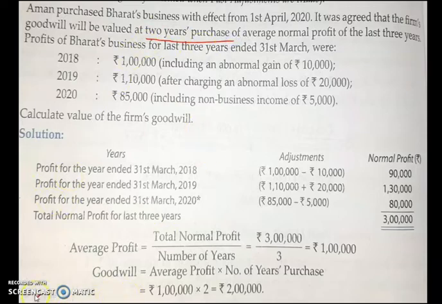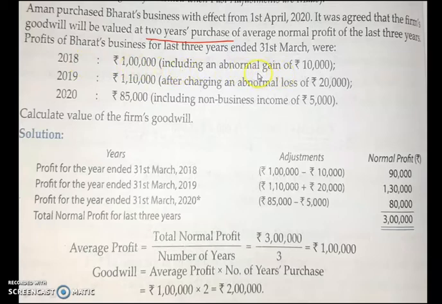Next is the average normal profit of the last 3 years profit of Bharat business for the last 3 years ended 31st March. The last 3 years profit is given to you. In 2018, the profit was 1 lakh, but you can find that an abnormal gain is there.